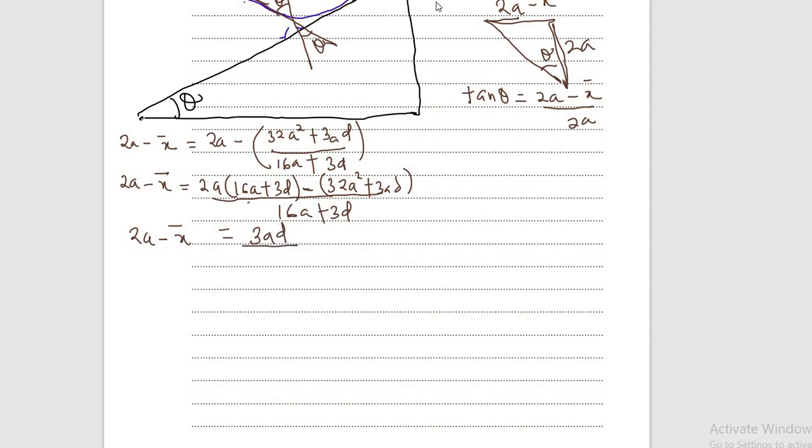Is it 3AD? No, we're going to have 3D over 32A plus 6D. By the time you put over 2A here, this is what we have. So 3D over 32A plus 6D.